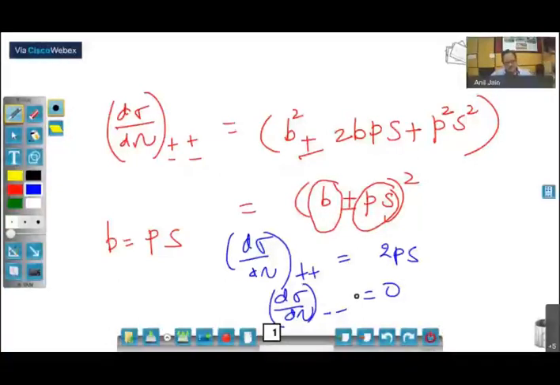So this provides me a way to produce a polarized neutron beam.